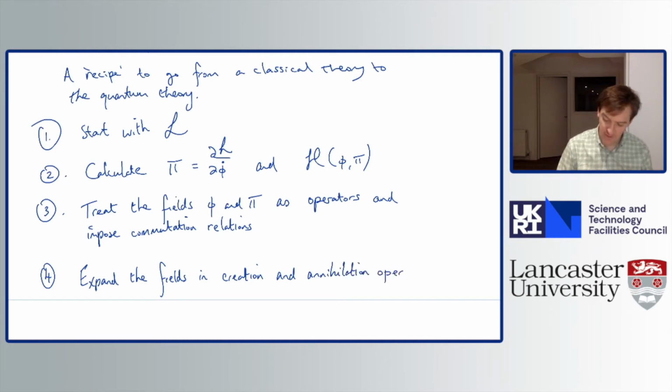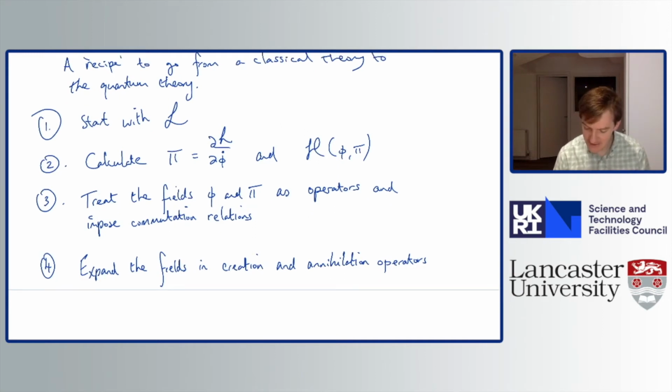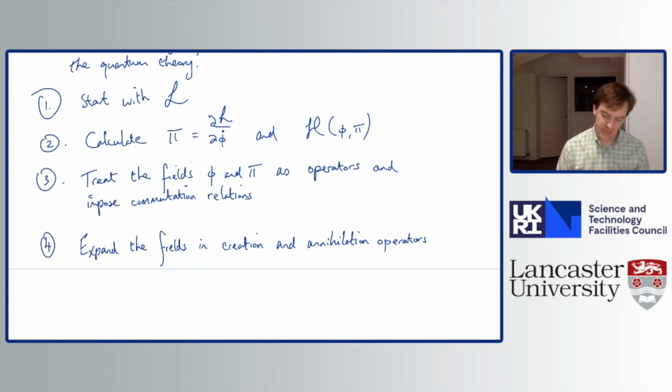I've been trying to motivate why this may be sensible by looking at the Klein-Gordon equation in momentum space to see that there should be a link with simple harmonic oscillators, but in general we want to expand these fields in terms of creation and annihilation operators. And this is fine, we have operators, so we're going to be expanding operators in terms of other operators.